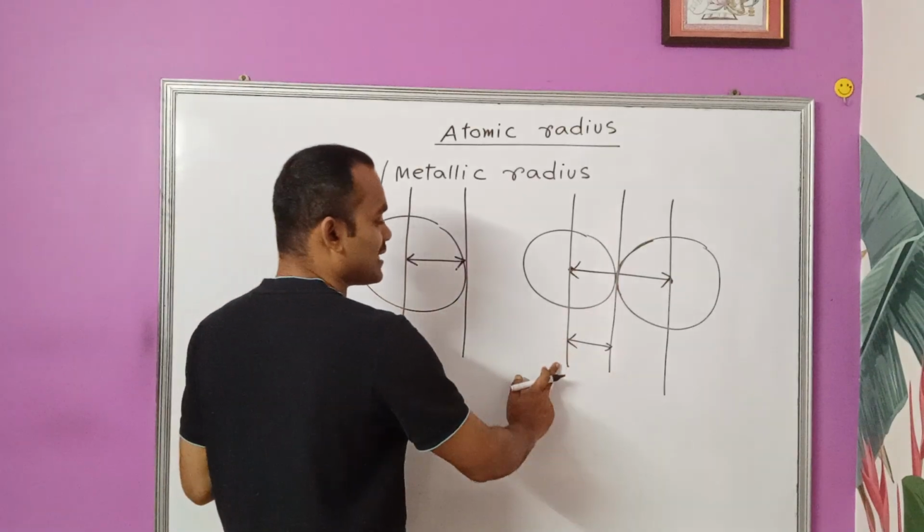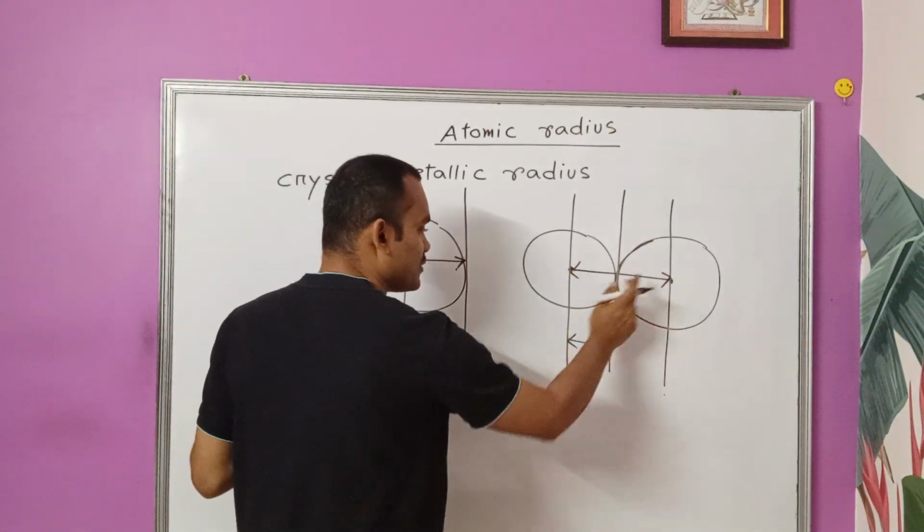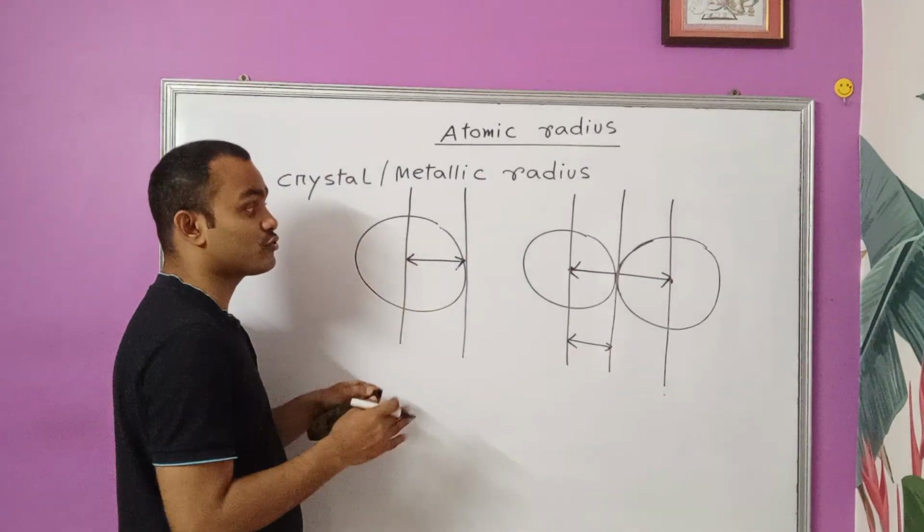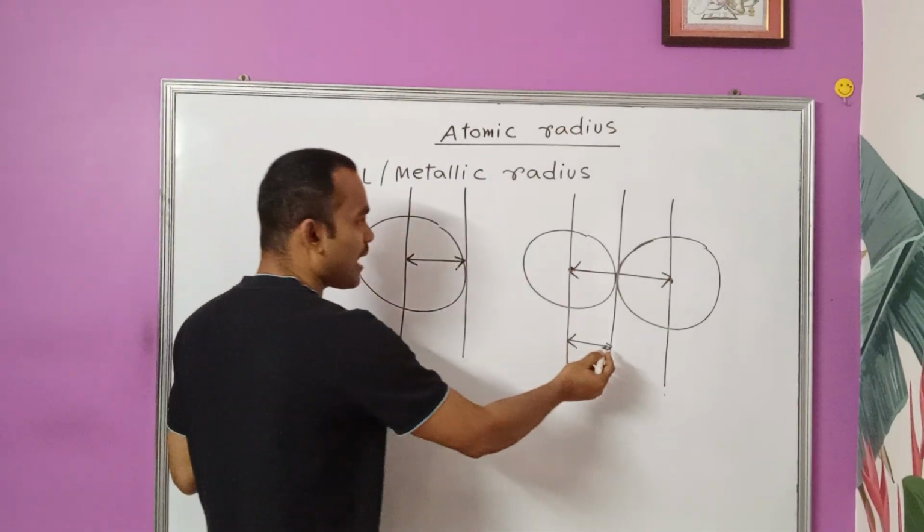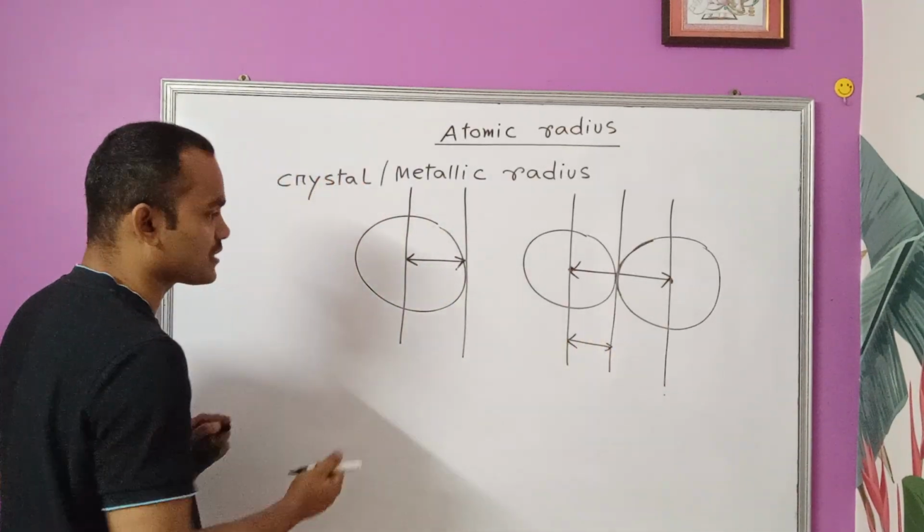The distance between those two atoms is called the bond length, or the diameter, and its half is called the radius, the crystal radius.